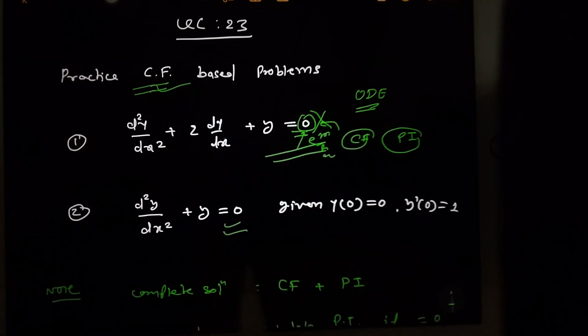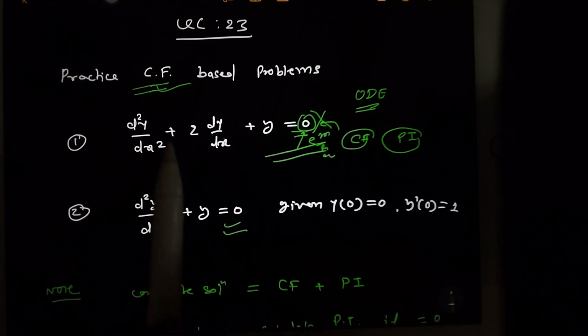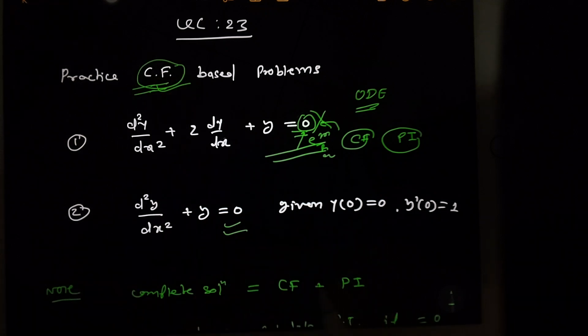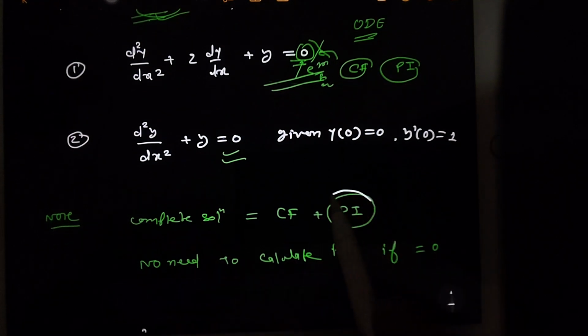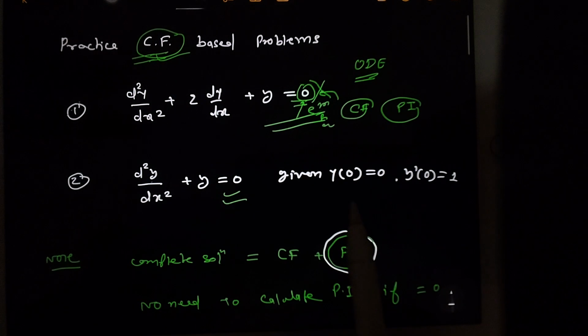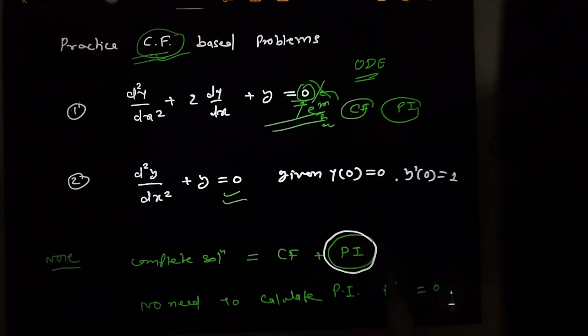Okay. So in the GATE exam, if an equal to 0 problem comes, then you only have to find complementary function, and the complementary function itself will be your complete solution, because if equal to 0 is there, then you will not find your particular integral. Particular integral you will find only if equal to 0 is not there, and some function is there.